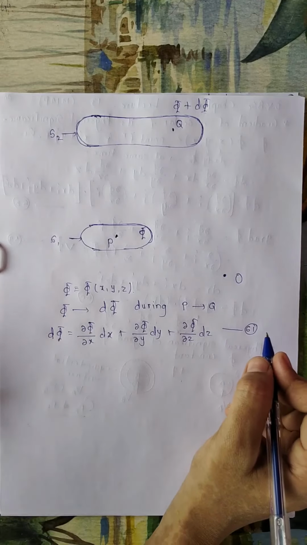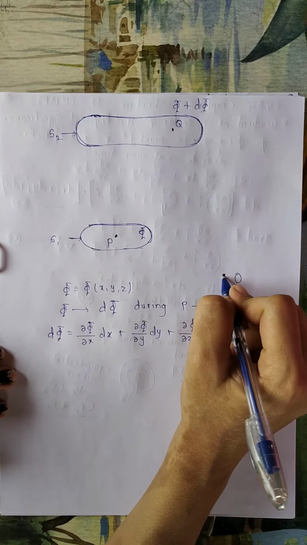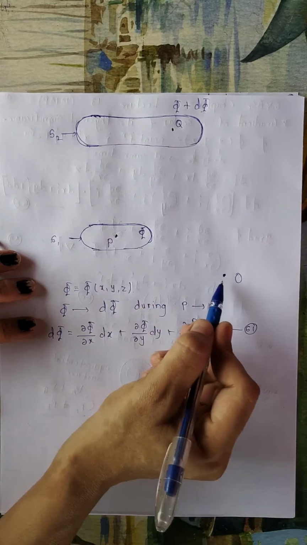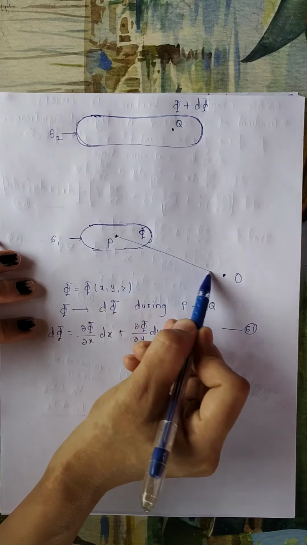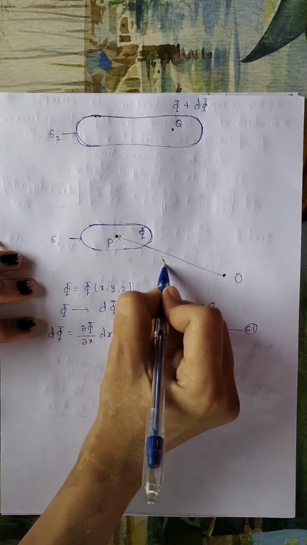So now here, since our origin is O, I will consider the position vector of point P, which is given by the vector which joins the point P and O, and it is denoted by vector r bar.